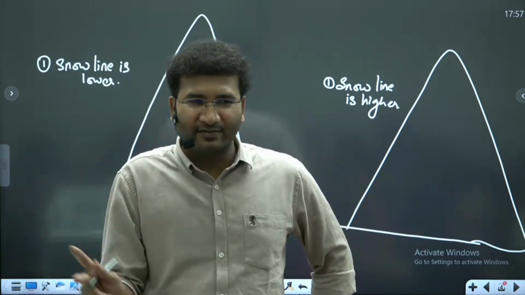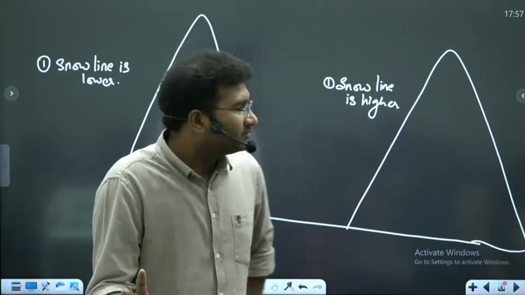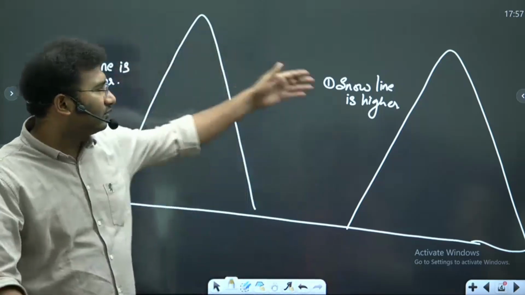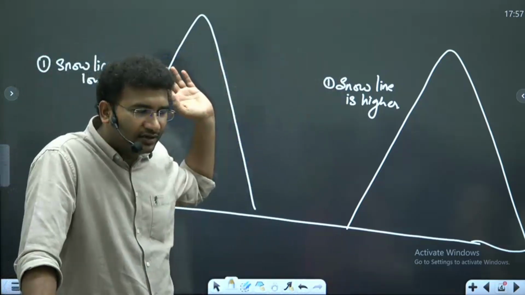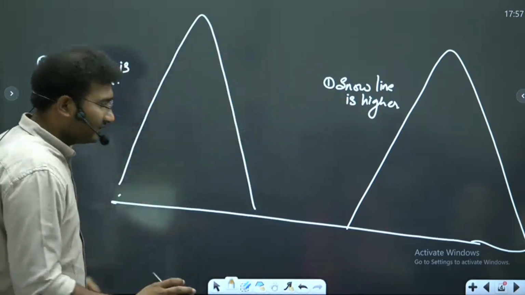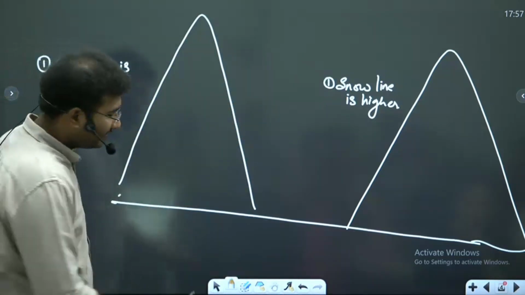That is the environmental angle that we look into. So fundamentally, snow line is higher here, snow line is lower here. Now here sunlight ज़्यादा है.